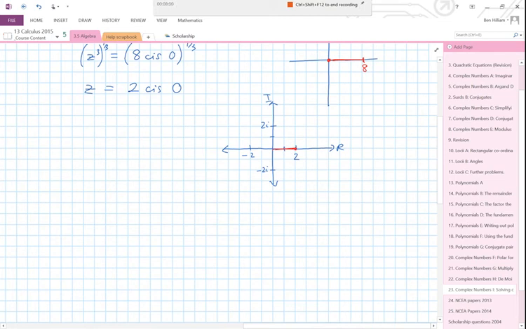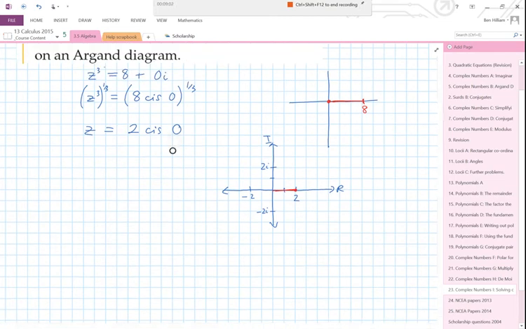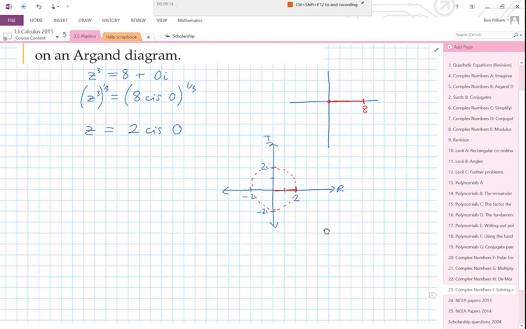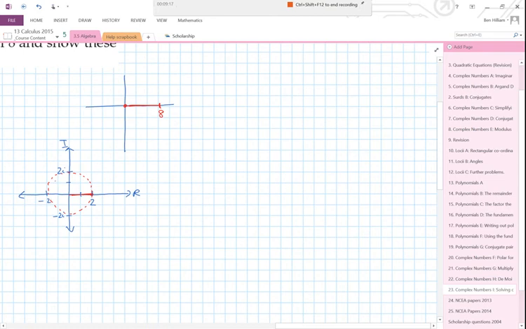Okay, now like I said before, because we've got a power of 3, we're going to have 3 solutions that are spread evenly about the origin, so about this dotted line. So we're going to have one out here, and we're going to have one out here as well.